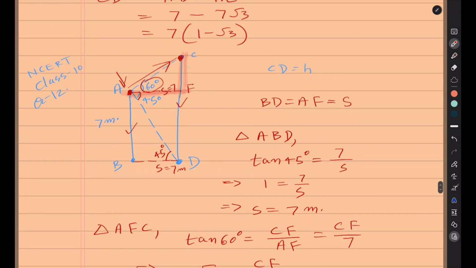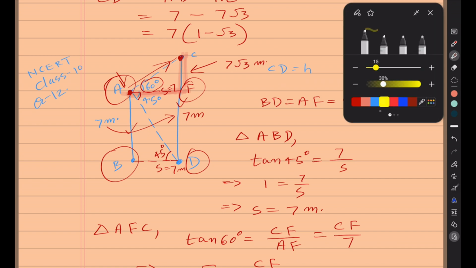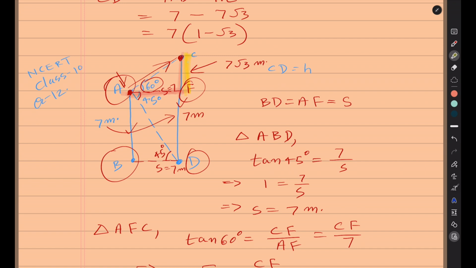So CF will be 7 times root 3 meter. So now we have found CF as 7 root 3 meter. And then FD, do you know FD? Yeah, you know that, because FD is equal to AB, which is 7 meter. And then by knowing CF and FD, we can just add these two distances, and then that will give us the height of the cable tower.